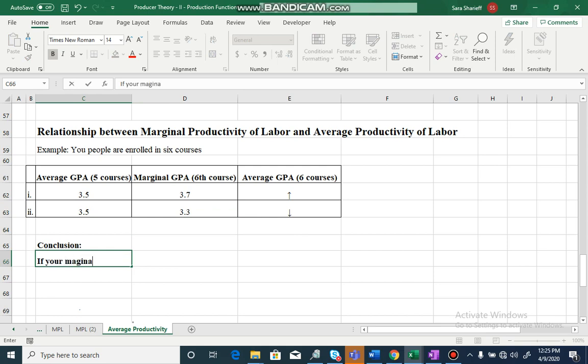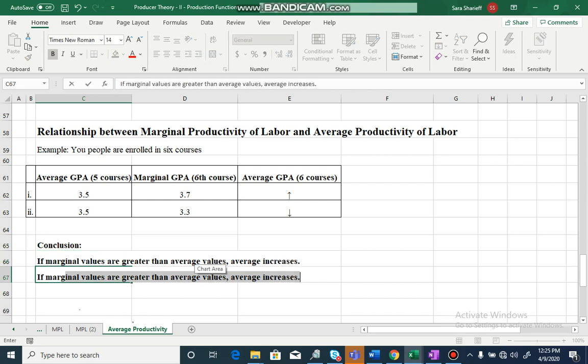If marginal values are greater than average values, average increases, and if marginal values are less than average values, average decreases.